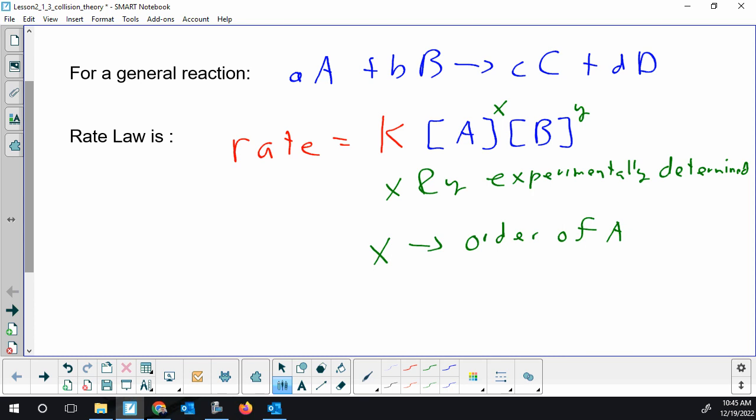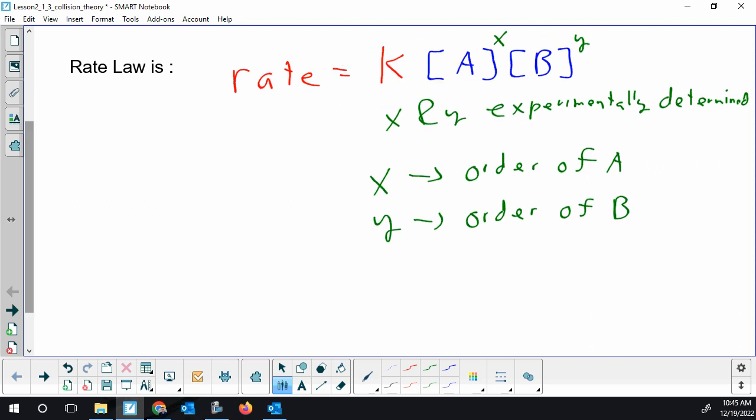So the probability of higher orders exponentially decays. Okay? Y is the order of B. And the sum of our orders is referred to as the overall order.